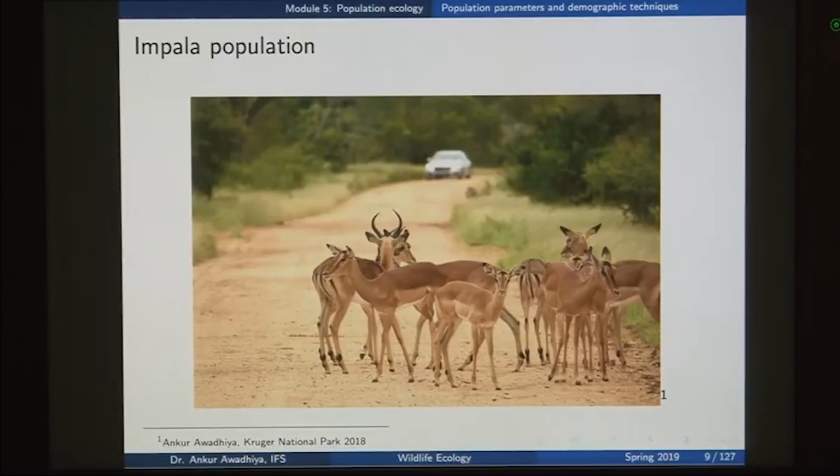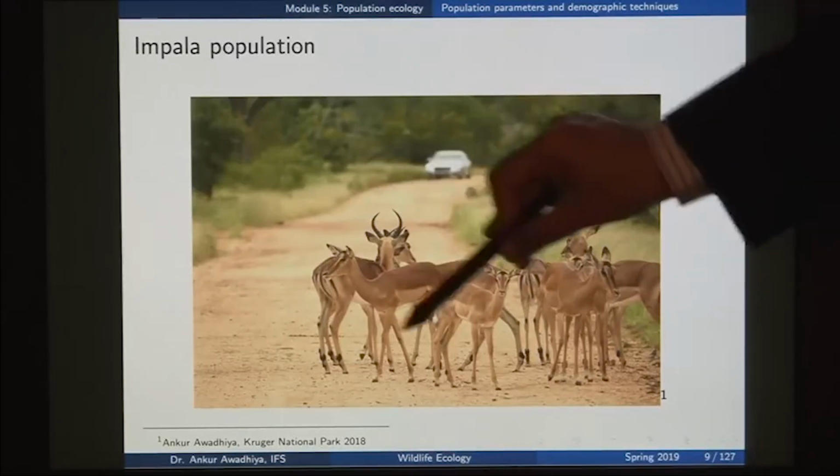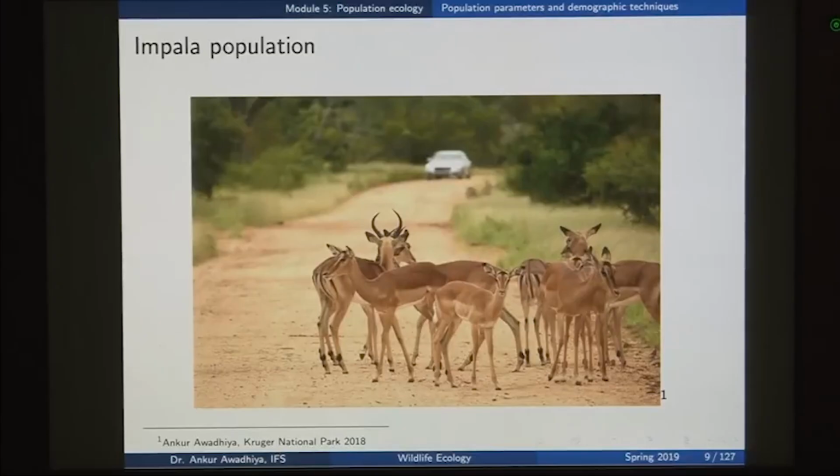Now, why do we need to understand the population parameters? Well, that is important because we want to regulate certain species, and also because we want to understand more and more about certain phenomena that are happening in nature. So, for instance, if we need to increase the population of impalas in this area, why would we want to do that?